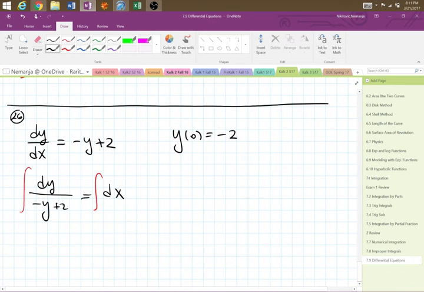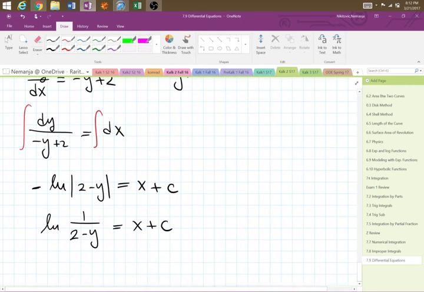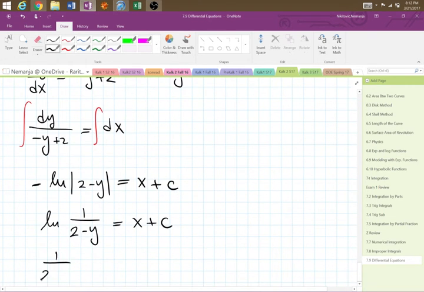And we get negative ln of 2 minus y, right? Equals x plus c. So ln of 1 over 2 minus y is equal to x plus c. With the negative, it goes as exponent negative 1, flips it. And then 1 over 2 minus y equals e to the x plus c.